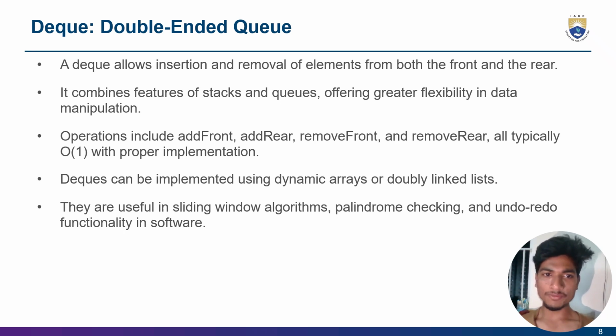Operations include add front, add rear, remove front, and remove rear, all typically O(1) with proper implementation. And the deque can be implemented using dynamic arrays or doubly linked lists. They are useful in sliding window algorithms, palindrome checking, and undo, redo functionalities in software.